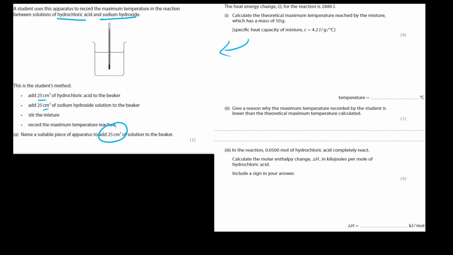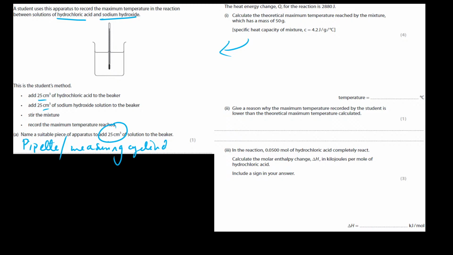What would you use? Yep. So you could use a pipette. You could use a measuring cylinder.